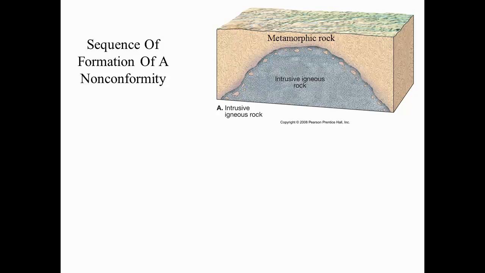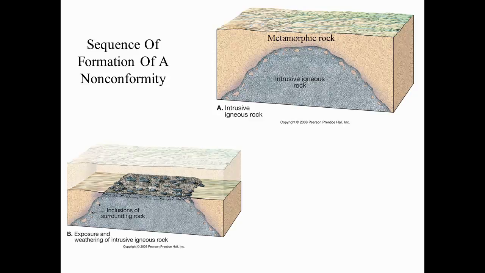Here we see a sequence of formation of a nonconformity, beginning with metamorphic rock, which has been intruded by igneous rock. And here's our erosional surface at the very top. Over time, the overlying metamorphic rock gets eroded away to a lower erosional surface, in which case the intrusive igneous rock is now exposed on the surface.